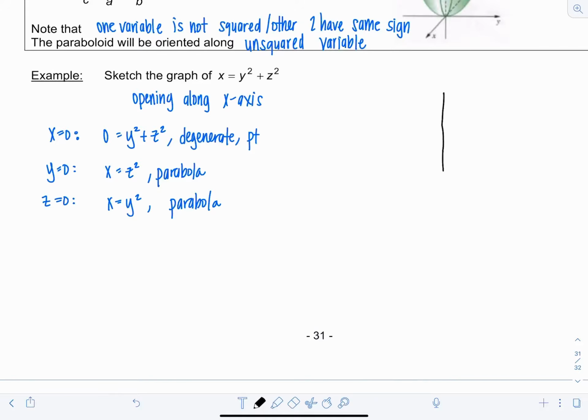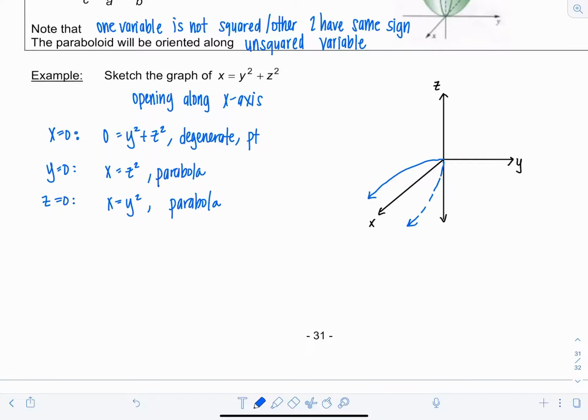Okay, so let's graph this one. Z-axis, x-axis, y-axis. All right, so if y is 0, I have a parabola in the xz plane. Since it's x equals z squared, it's going to be opening up in the x direction. So it's basically coming at us this way. That's underneath. And then if z is 0, I have x equals y squared.